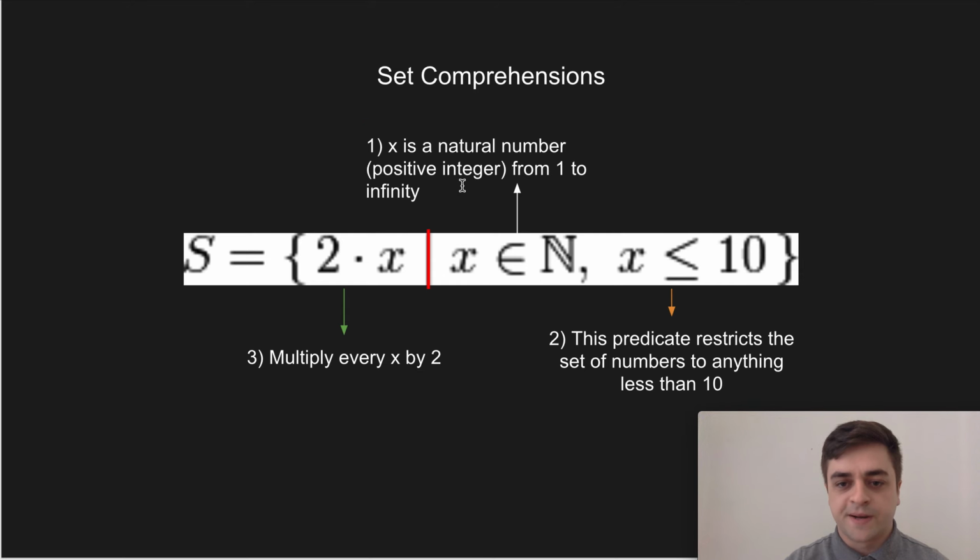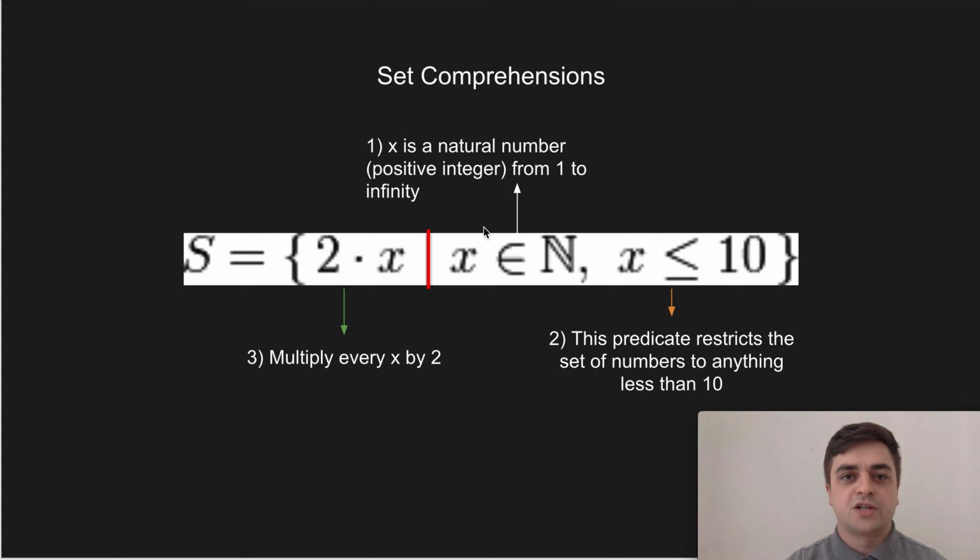Number 1, right? What this says is that we want to look at all the numbers that are natural, all the positive integers from 1 to infinity. It sometimes starts at 0, but we'll just say for now that it starts at 1 and goes to infinity. So here we're just saying x is a natural number. It's part of the set of natural numbers from 1 to infinity.